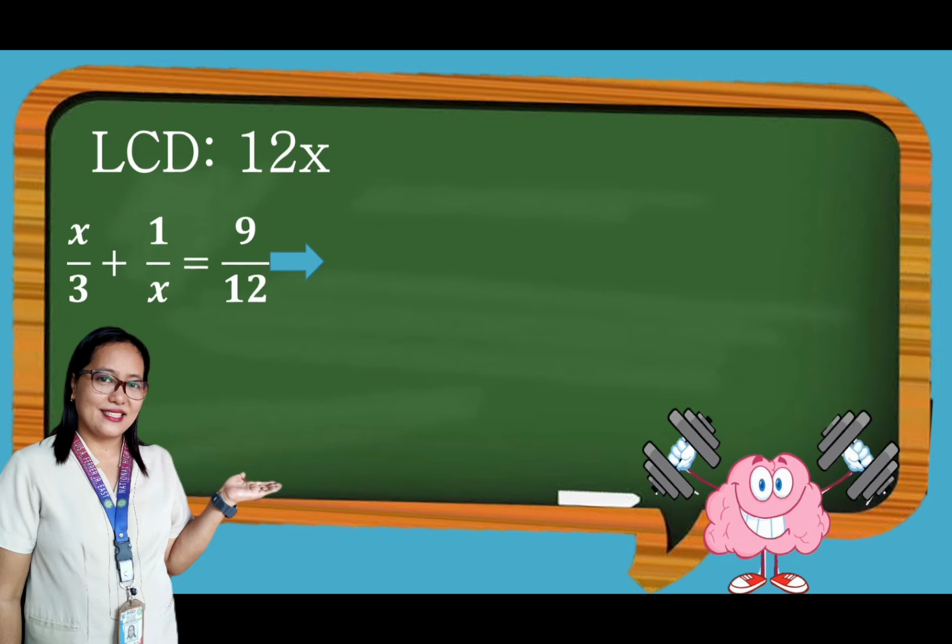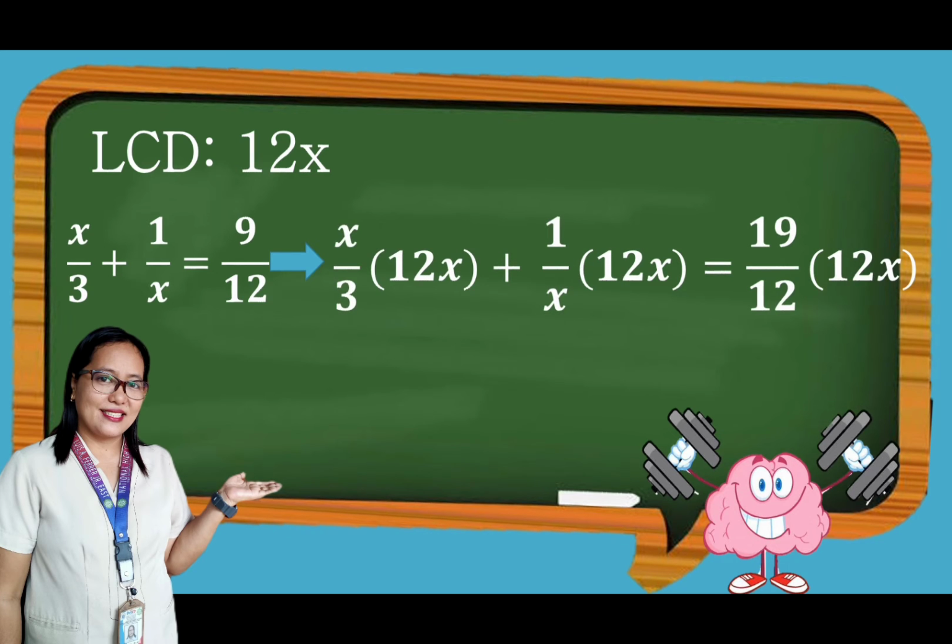Applying the first step, we're going to multiply both sides of the equation by the LCD. We have x over 3 times 12x plus 1 over x times 12x and 19 over 12 times 12x. As you can see, we can divide 12 and 3.